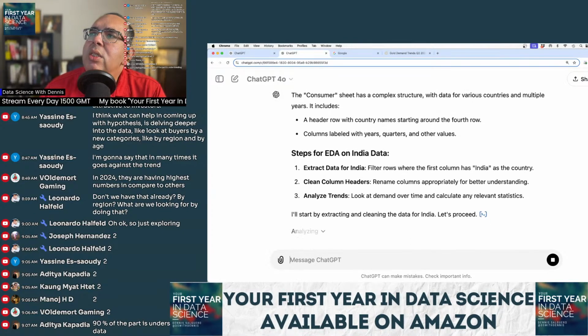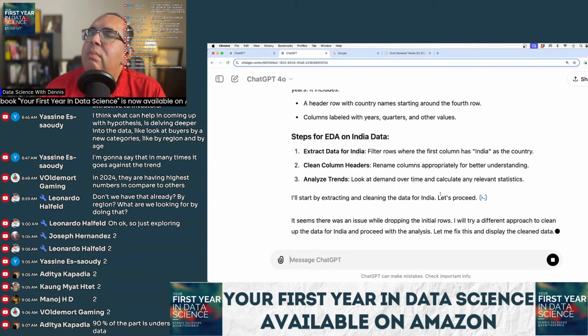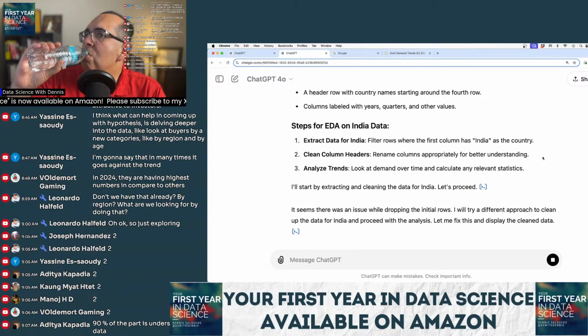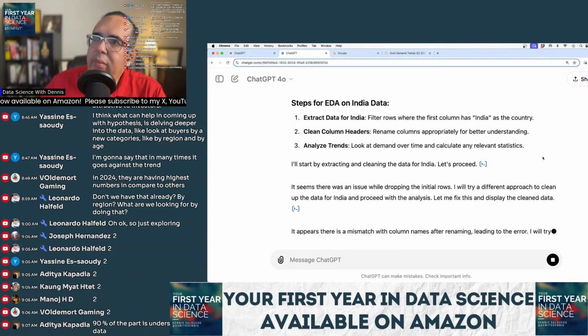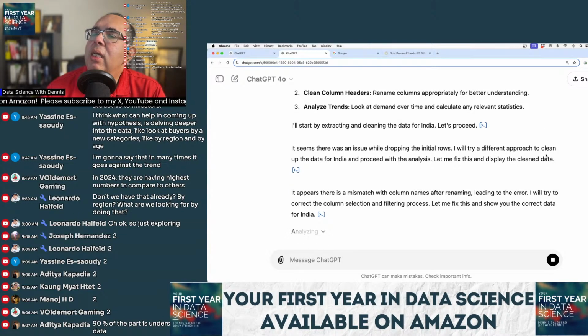It's telling us what it wants to do, and it's going to go ahead and do it. I love that it's smart enough to know that about the headers and everything else. All right, it's running into a couple of errors and it's fixing itself, which is obviously wonderful.